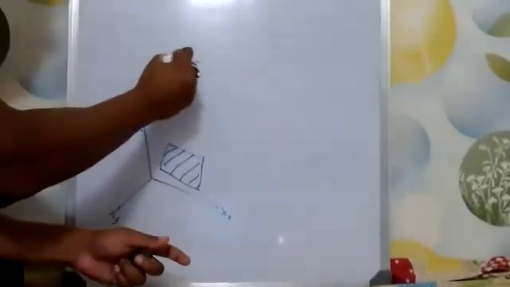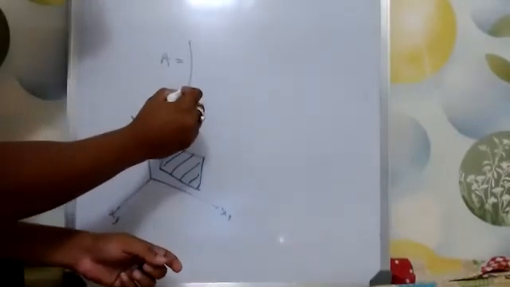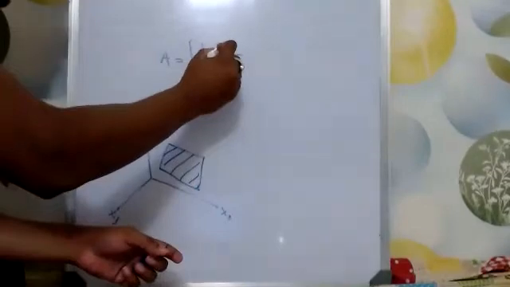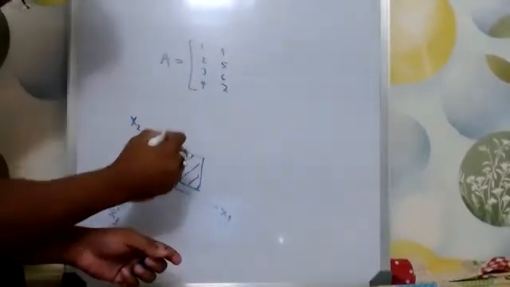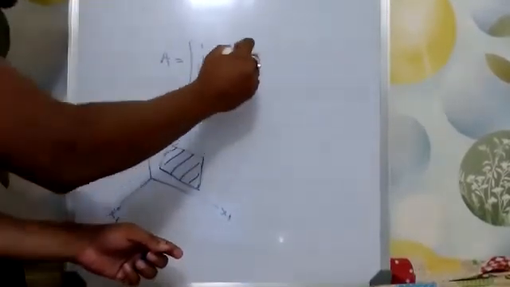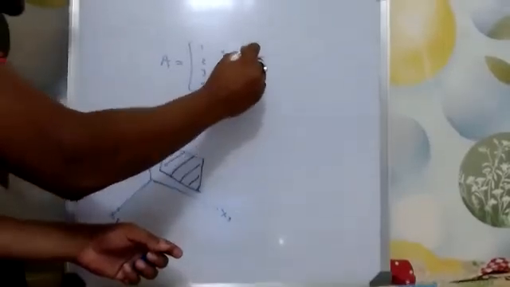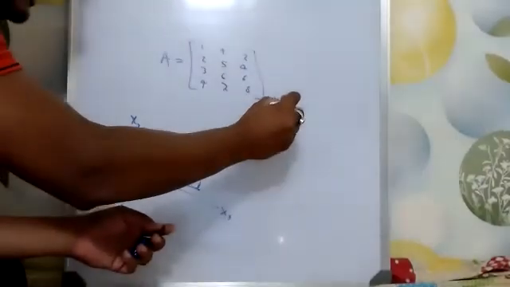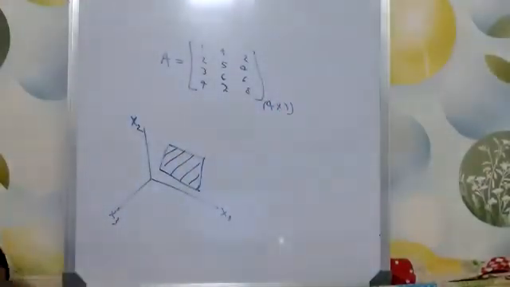Suppose A is equal to the matrix with rows 1, 2, 3, 4; 4, 5, 6, 7; 2, 4, 6, 8. Now this is a 4 cross 3 matrix.